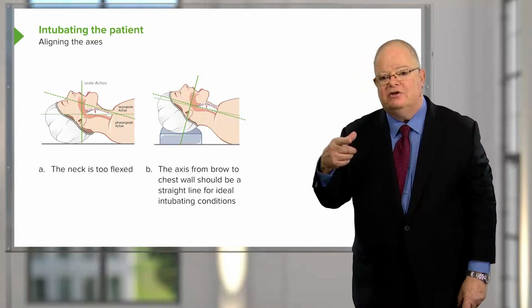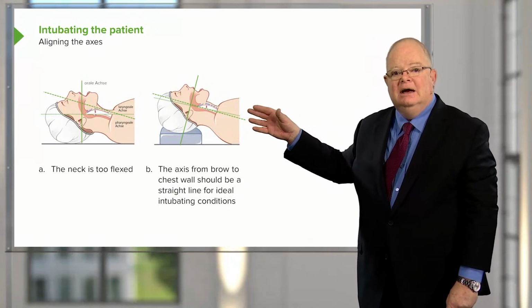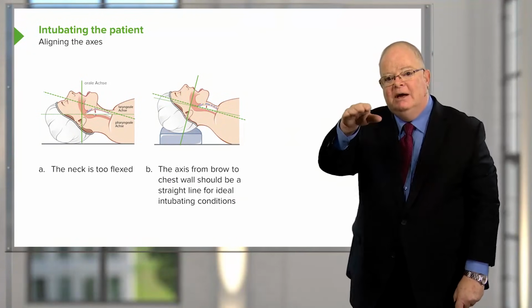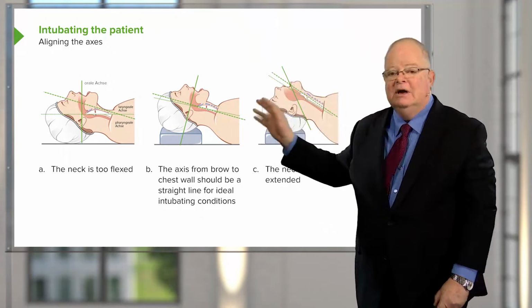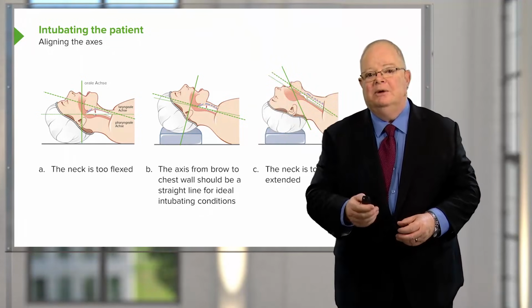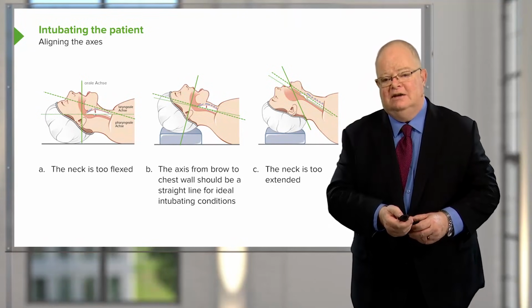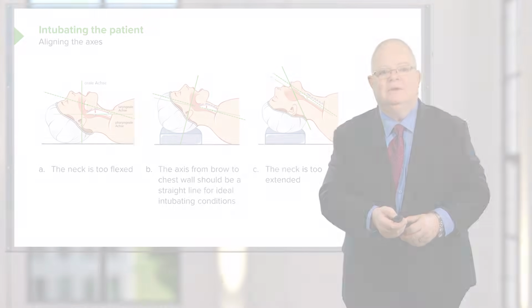In the second picture, it's better. There should be a fairly straight line from the mouth down the airway. You can see in the third picture, there's a fairly good view, but it could be argued that this is too extended, that they've extended the whole neck rather than just the atlanto-occipital area.